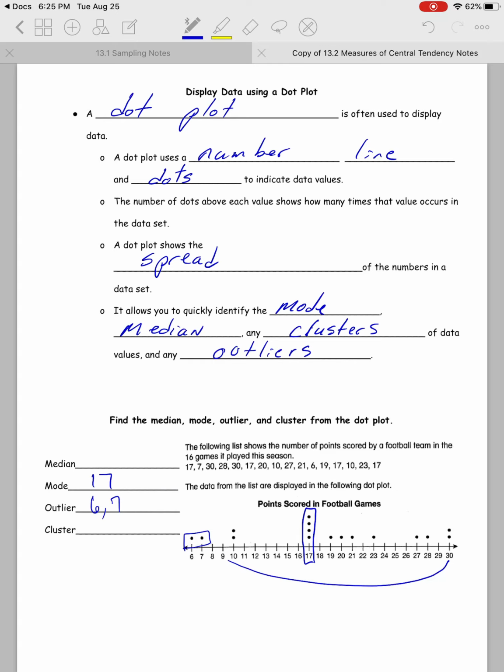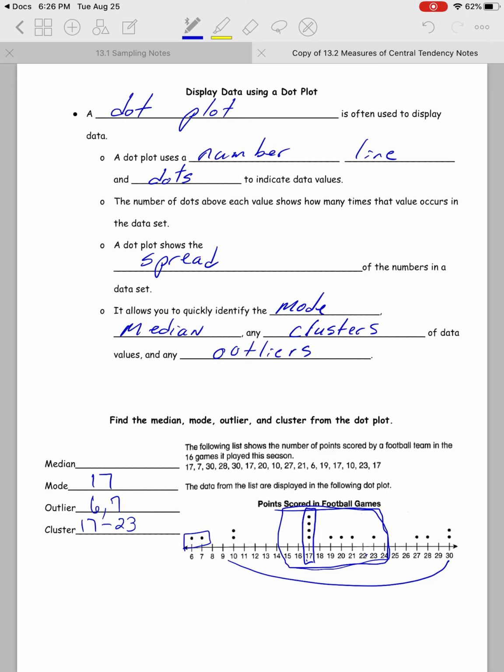What about, do we have any clusters of data? Do we have a cluster of data? Or do we have a group of data points? If you notice, here in the middle is a large contingent of all your data points. So that means from 17 to 23 would be your cluster of data.